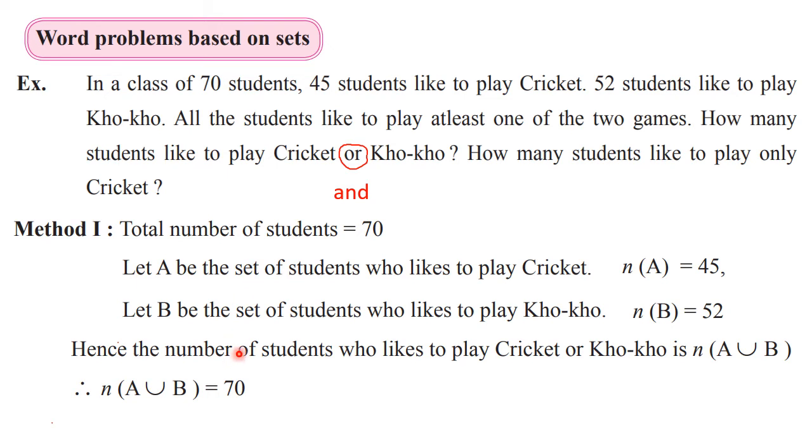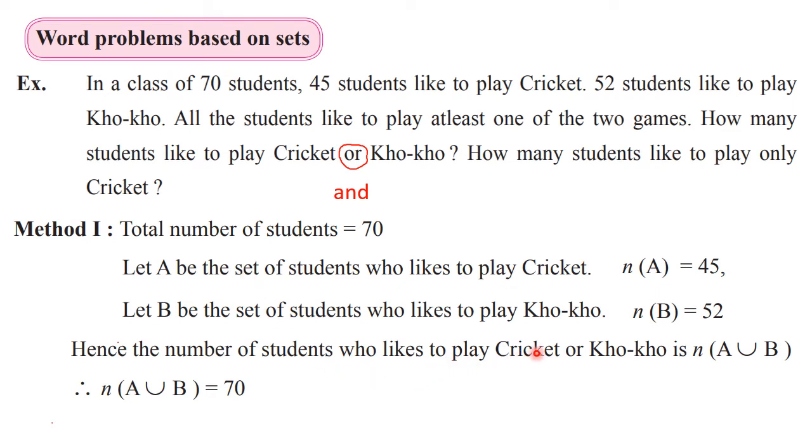If you go for the first method, the formula method, you have to write it, and if you go for the Venn diagram, you also have to write it, because you are denoting what is set A, what is set B, what is union, and what is intersection. So this part is common to both methods. In the textbook, make a brace bracket here and write down that it is common for both methods.